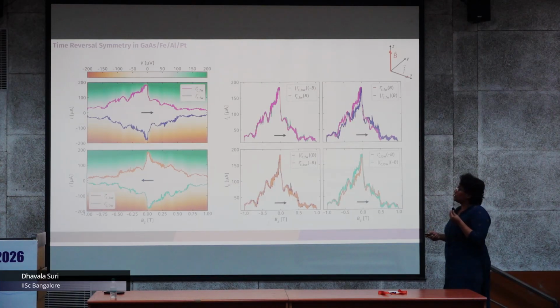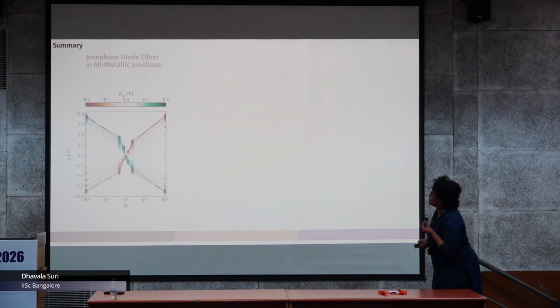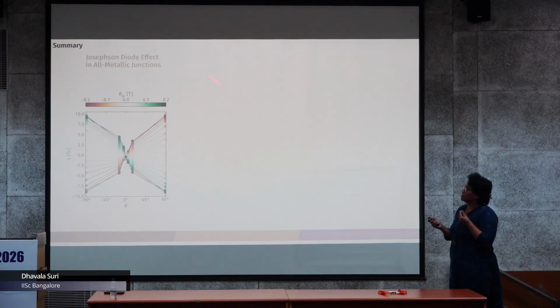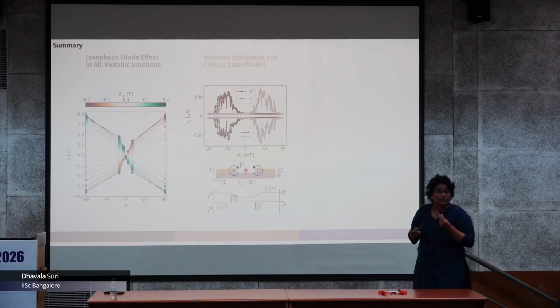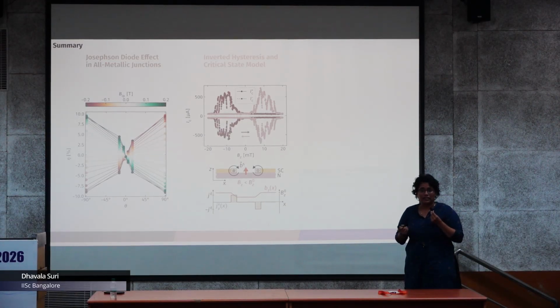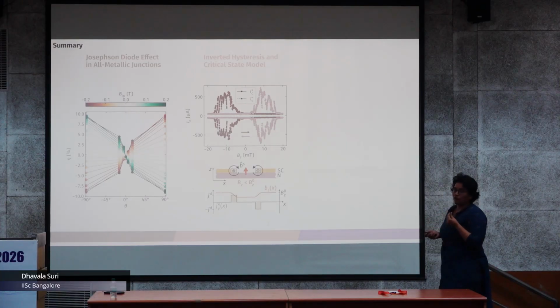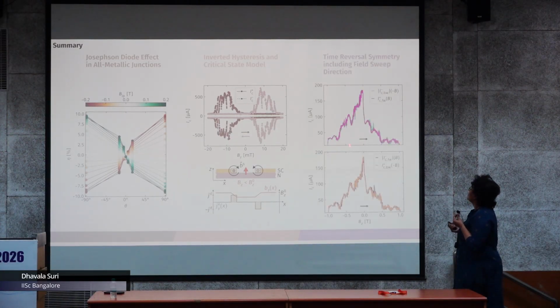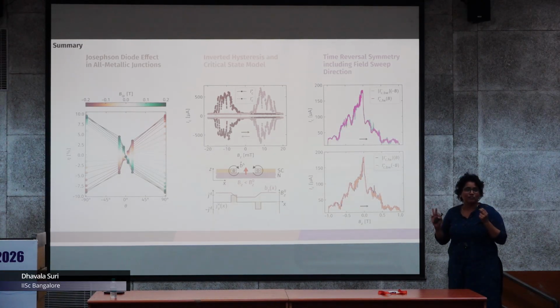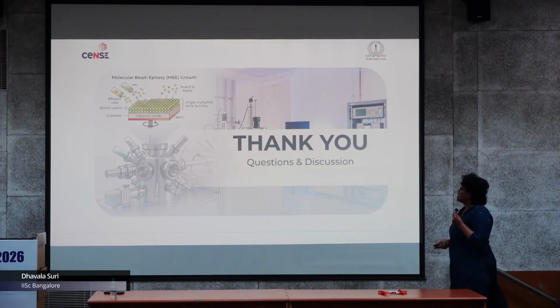So these were the three things that I wanted to say: that there is a Josephson diode effect in all metallic systems. If you carefully engineer the interfaces, you can get really high Josephson diode effect coefficient, and critical state model is quite important in considering these all metallic systems. And time reversal symmetry partner finding exercise requires one more step in these junctions.